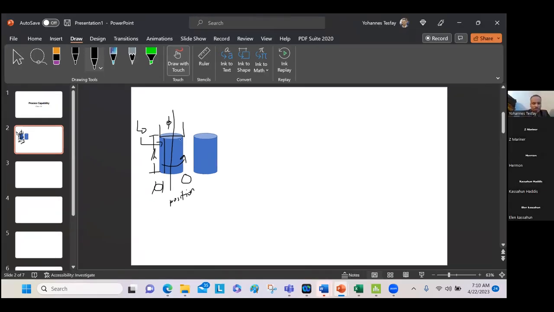You have also another specification here, that is total runout. Total runout is going to be just like this, and the form and so forth like that.